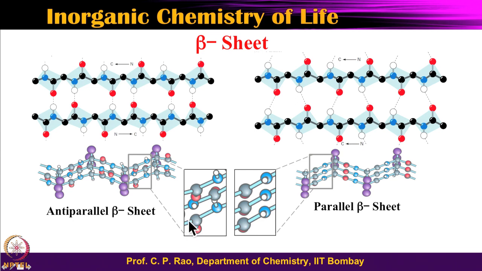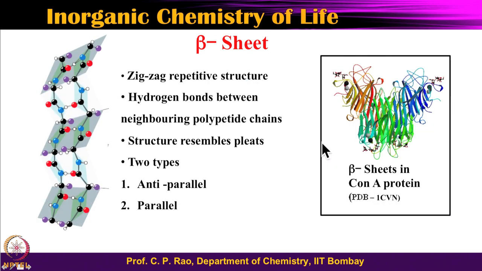In the anti-parallel beta sheet, the alignment is N terminal to C terminal and C terminal to N terminal. On the parallel side, both the N terminals and both the C terminals are aligned together, and this also stabilizes the structure. This is also found in a number of proteins.